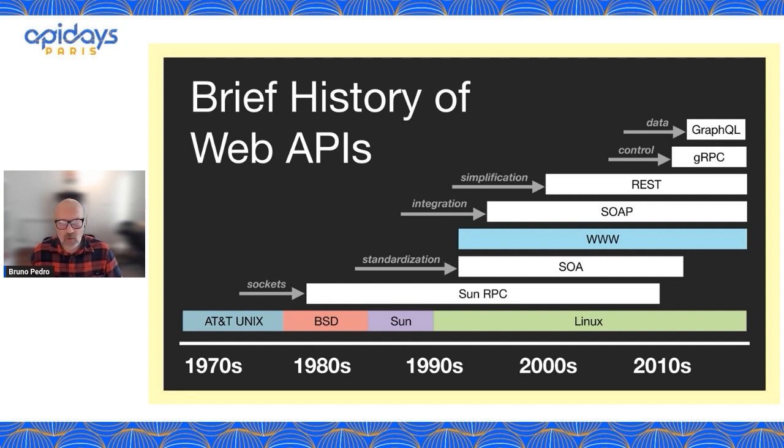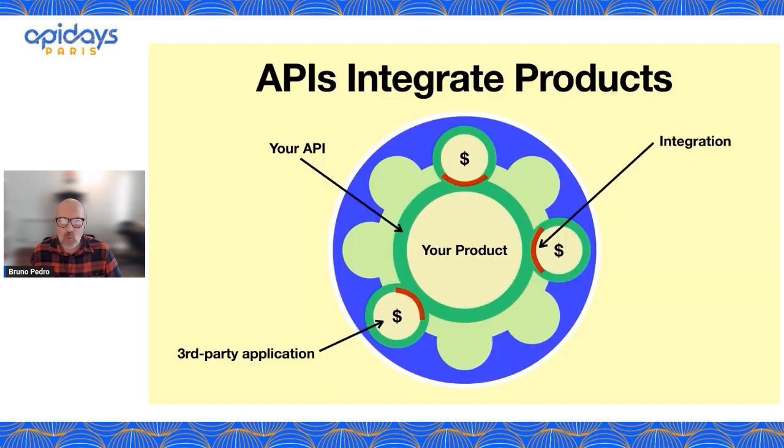So knowing all this and knowing where we are today, I like to see APIs not as something technological, but as a way to integrate products. As you just saw, in the origin, APIs are as simple as a way to integrate different apps or different products together.